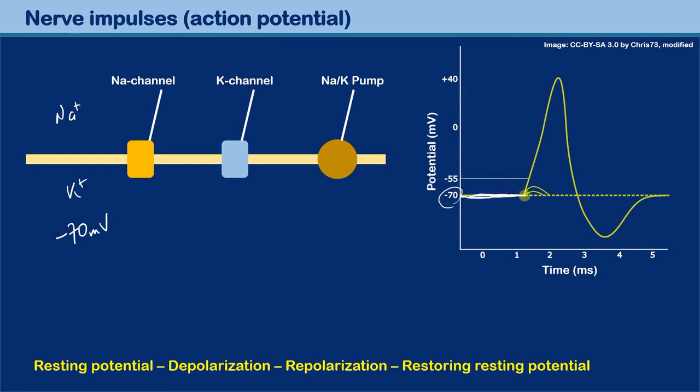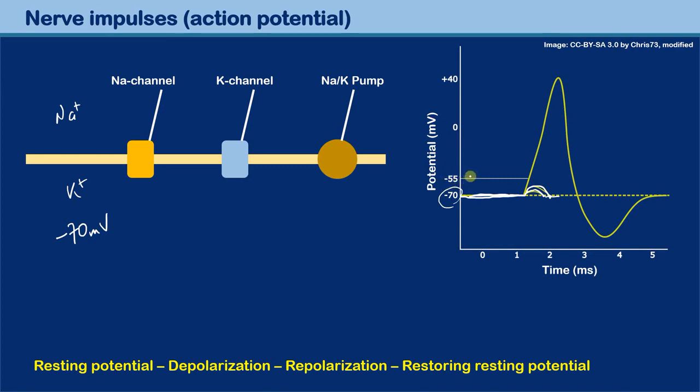Okay, so we're here. And then basically the nerve cell is stimulated, but it's not stimulated enough. If it's too little stimulation, what's going to happen is the following loop. It's going to drop back to the resting potential. If you give it a little more stimulation, it's going to still drop back. So it must reach this critical value over here. And this critical value is indicated with minus 55 millivolts.